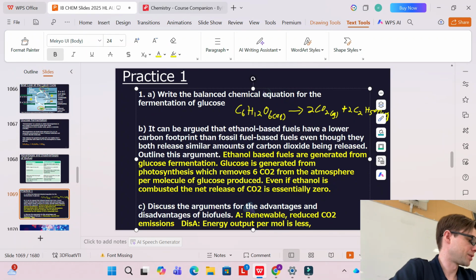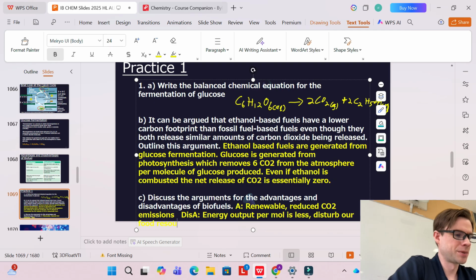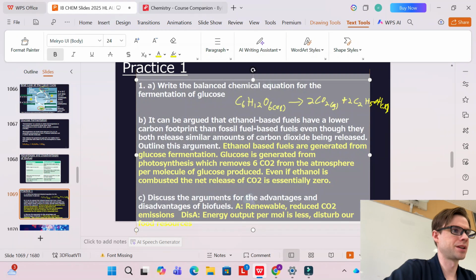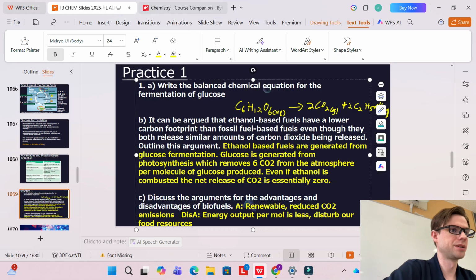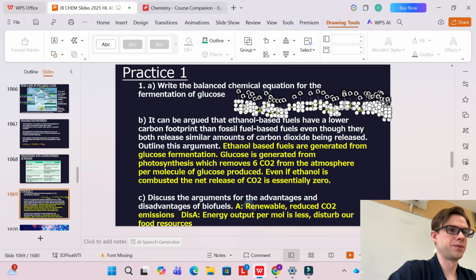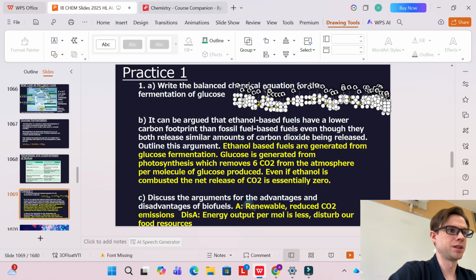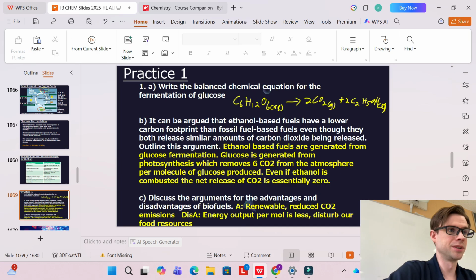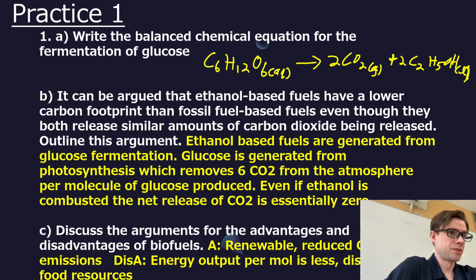What else is not that great? Can disturb our food resources, especially in developing countries or countries that have food scarcity. Biofuels just might not be an option because we need those organisms for food instead. Okay, I think that's what I would say. All right, moving on.